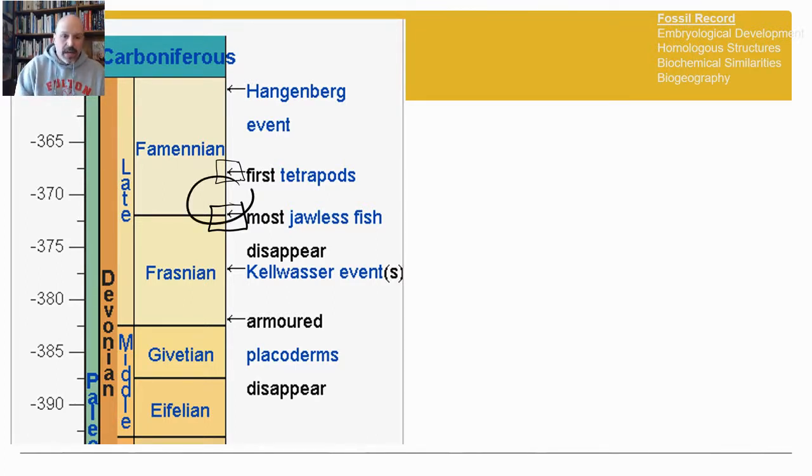We should be able to find a fossil at roughly 370 million years ago that will be the transitional fossil. If you don't find any land animals before this, then you shouldn't find any land animals before that. If that's where they start, you shouldn't find them before it. And you don't. You really don't.